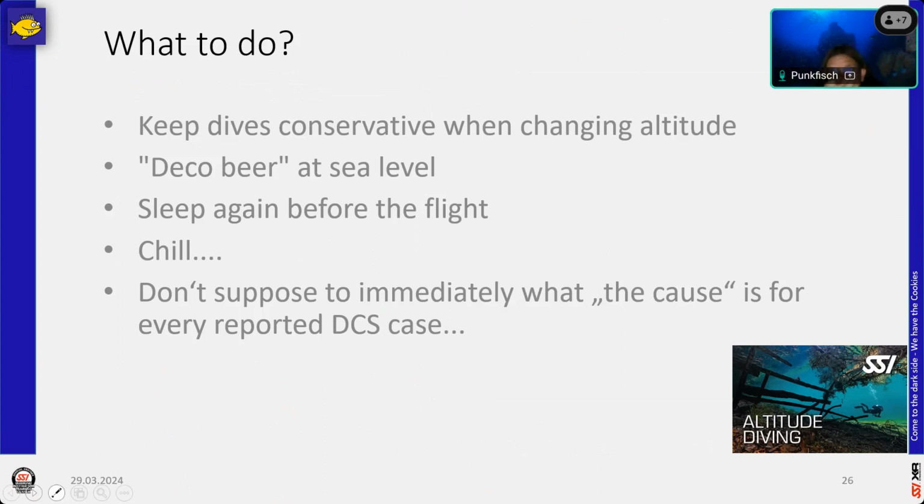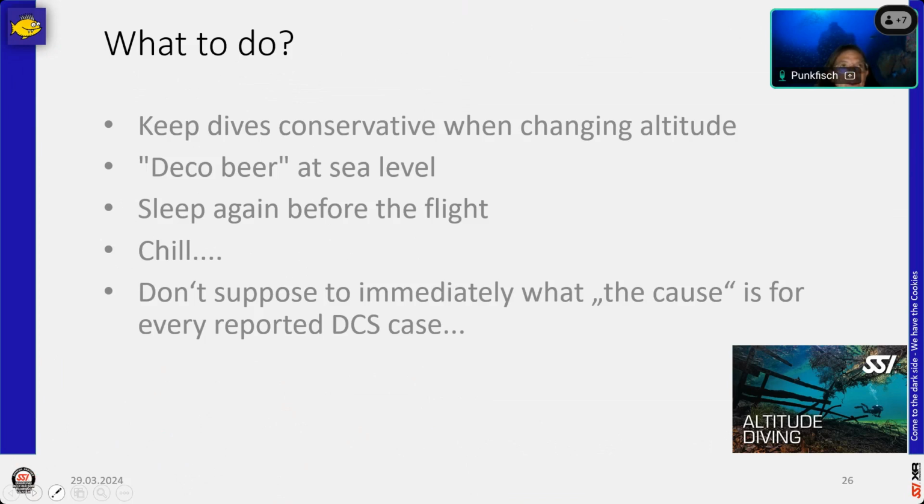So let's treat this DCS thing just as we treat other sports and other accidents, as something that can happen. And if it happens, we treat it, but we don't search for the reason. It's not like, hey, you for sure got this because you drove uphill.